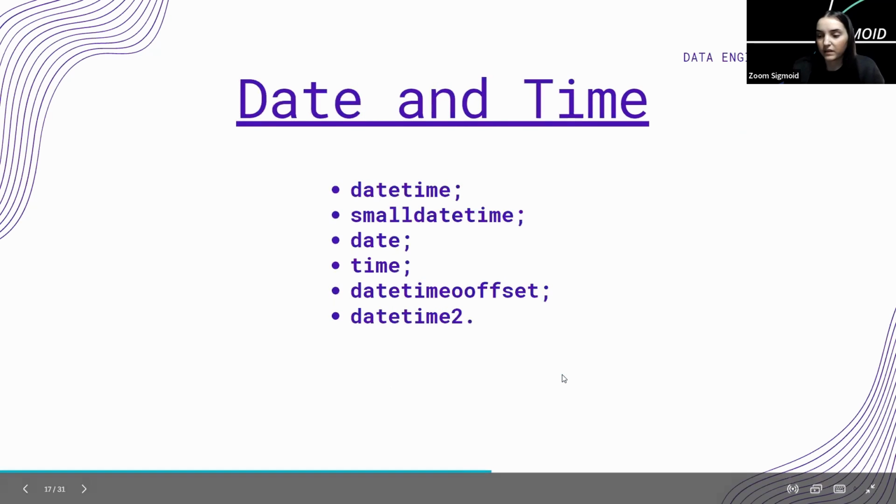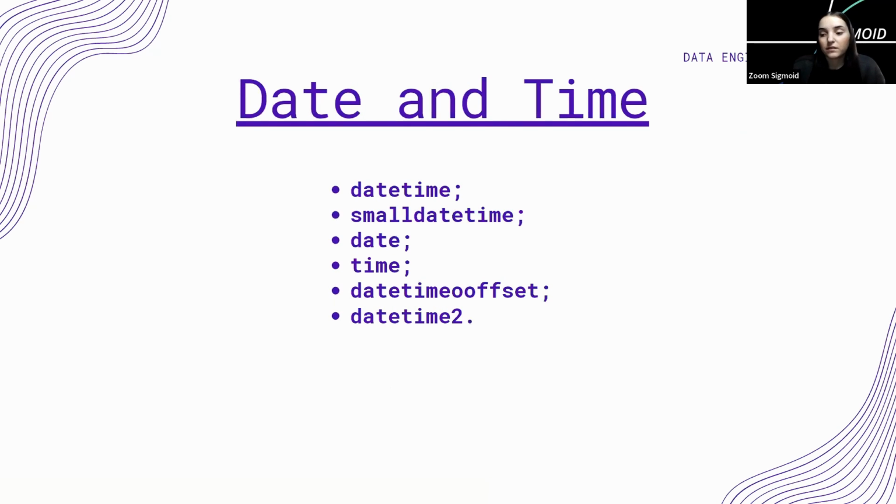Moving next to date and time. The date and time, as the name can tell you, are the data types that allow you to store date and time, and the datetimeoffset. Offset is the difference between the current date and time and the Coordinated Universal Time, UTC in short.